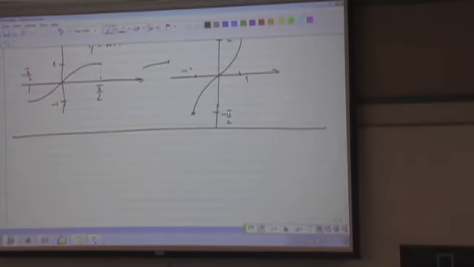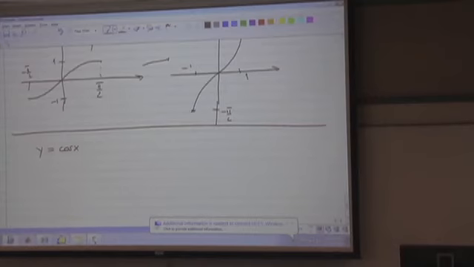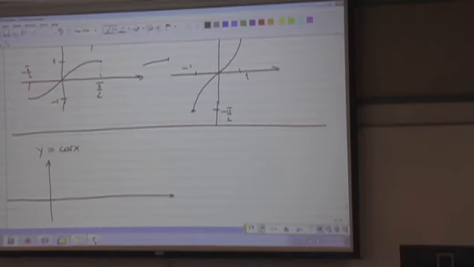How about y equals cosine of x? So again, if I draw the graph of cosine, we have pi over 2, pi, 3 pi over 2 and so forth, minus pi over 2. So that would be my graph.